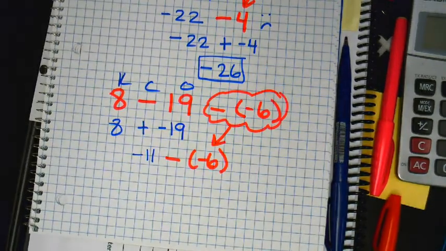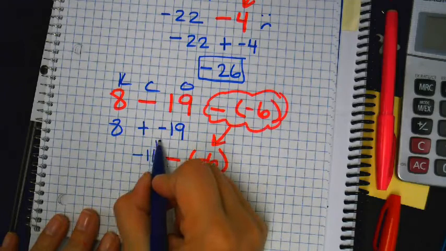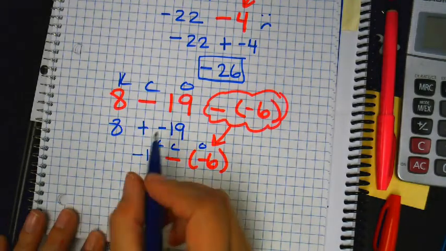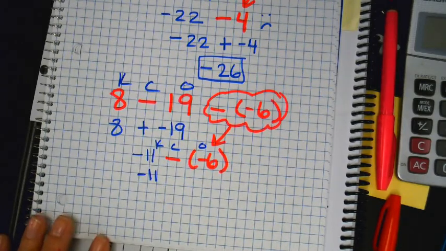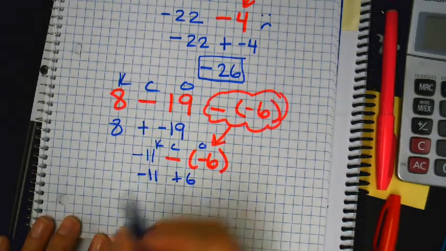So now do another keep, change, opposite. Negative 11, what? Plus 6. Equals? Yep.